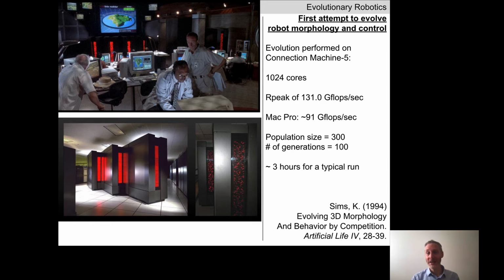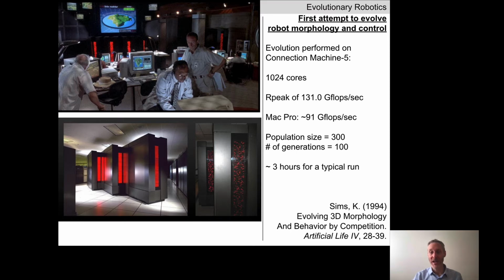So in the early 1990s, the company that produced the Connection 5 machine, known as Thinking Machines, the Thinking Machines Corporation. You can go and read up on this if you're interested in the history of computing. They hired Carl to write a computer program that would show off and simultaneously flex the muscles of the CM5.